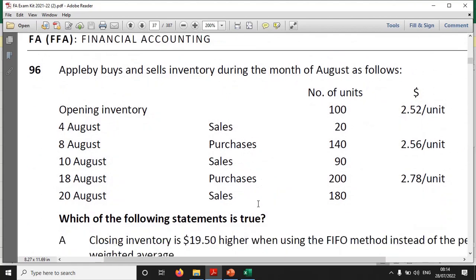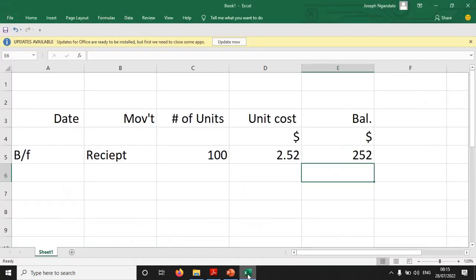I want us to go to the next one, which is going to be an issue, a sale. Do you understand? How many units did you sell? And when did you sell those?